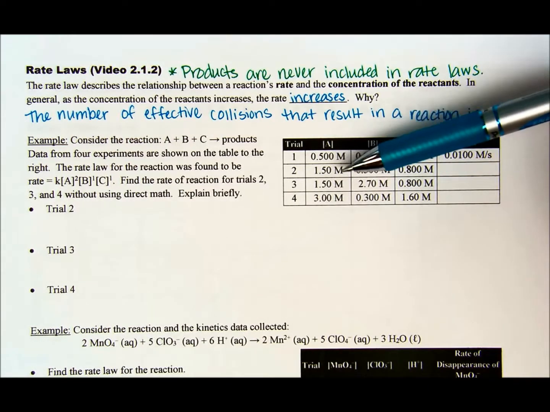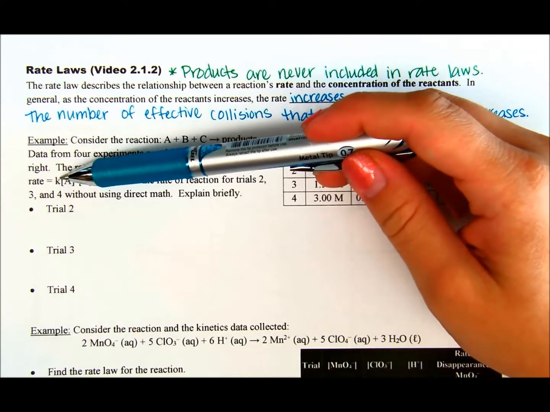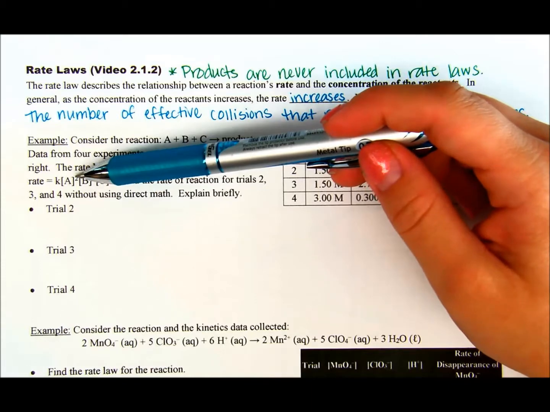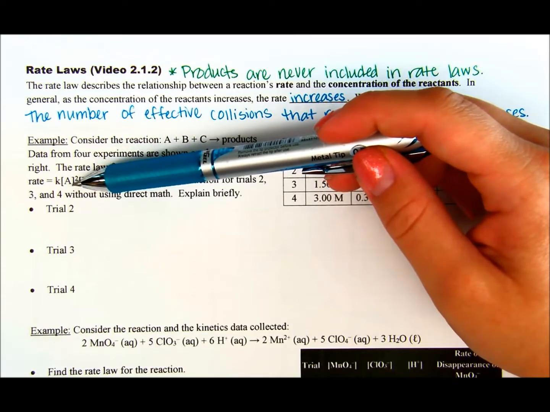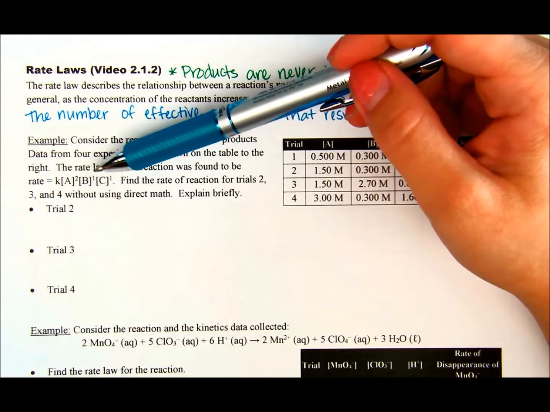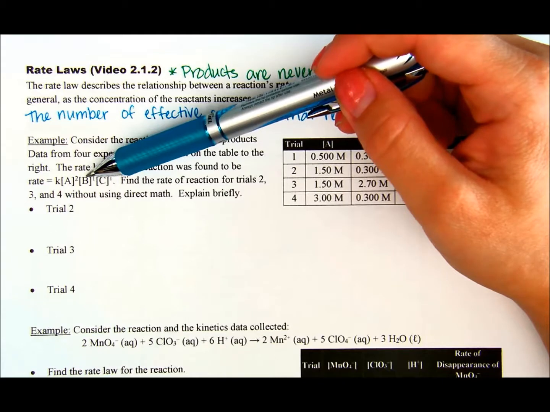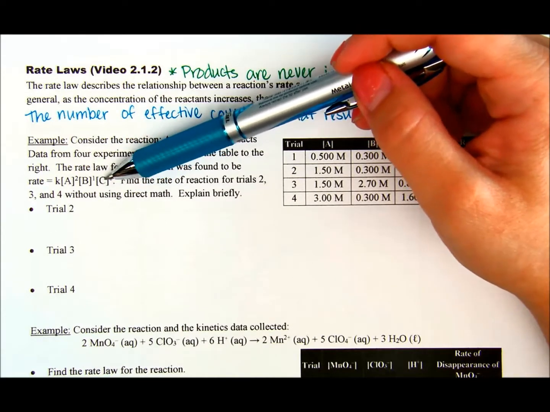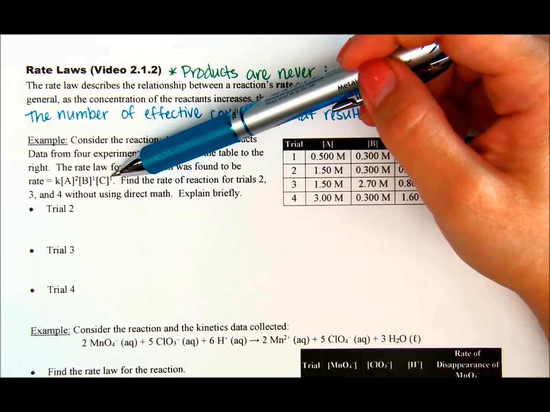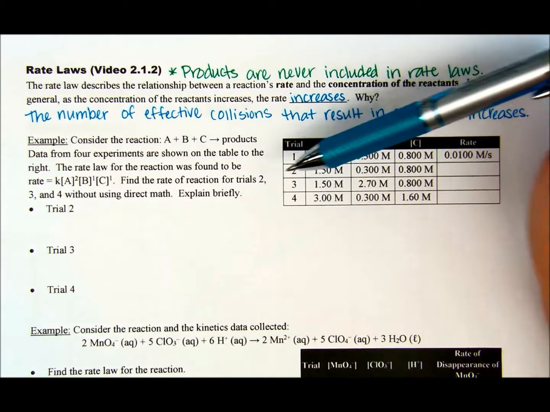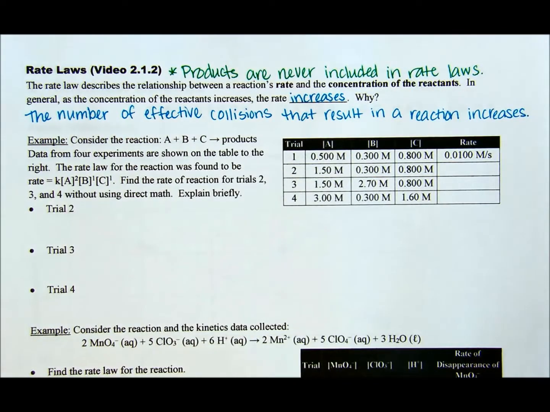The rate law for the reaction was found to be rate equals k, where k is the rate constant, times the concentration of A squared, so this is second order with respect to A, times the concentration of B to the first power, so this is first order with respect to B, and the concentration of C to the first power, so this is first order also with respect to C. Find the rate of the reaction for trials 2, 3, and 4 without using direct math. So basically we're going to use some comparisons here to figure out what these rates are.